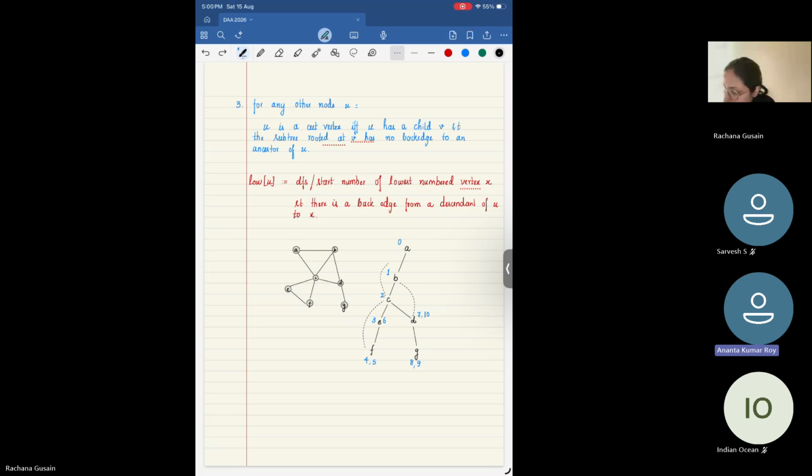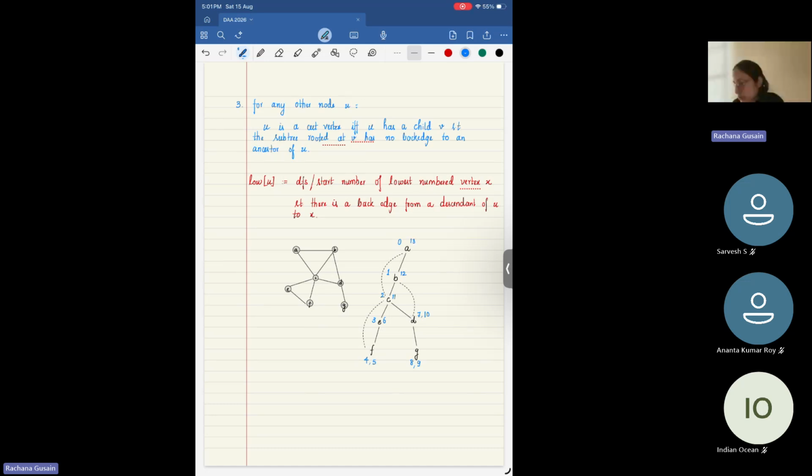And C to B, oh, C to B is a tree edge. Anyways, I'm done with C at time 11 and go back to B. From B, there are 3 edges, all of those have been marked. 2 tree edges and 1 back edge, going forward to D. So we finish B at time 12 and A at time 13, right?